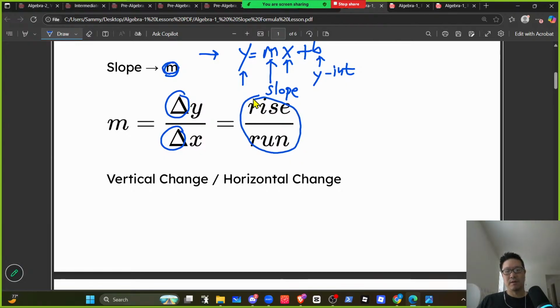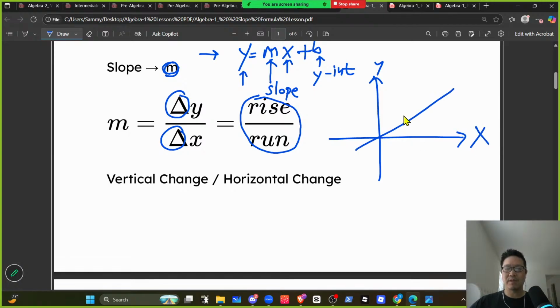When you look at a graph of a line, how much is it changing in the y direction, and how much is it changing in the x direction? If you were to pick any 2 points, you could identify the slope that way.